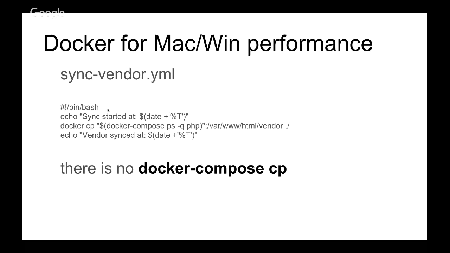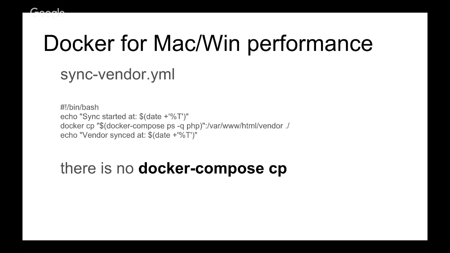So there is a small script to give as a result the name of the container from Docker Compose, which is useful because you do not have to know the exact name of the Docker container, because Docker Compose creates it with some numbers and things like that.